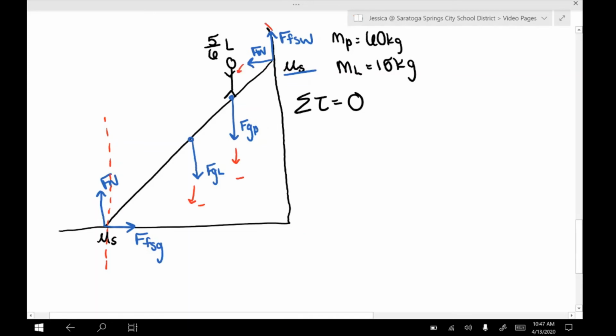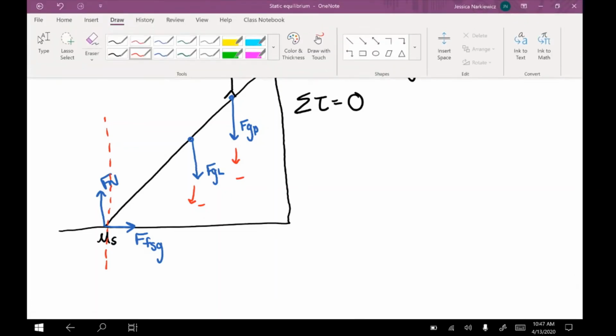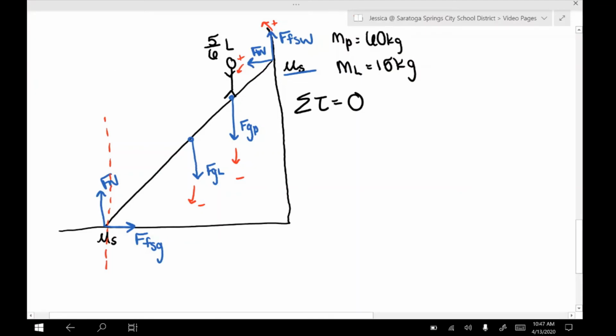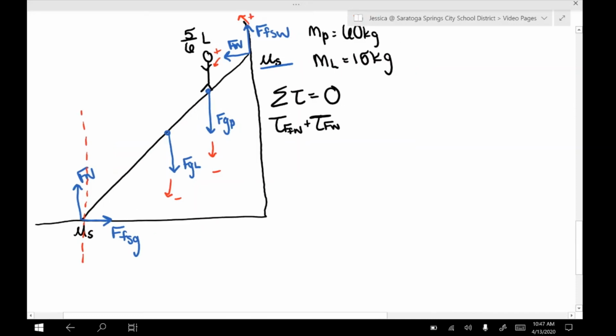Force from the wall and the force friction from the wall produce positive torques. Okay. So, we have the torque from the force of friction from the wall plus the torque from the force on the wall. Okay. Minus the torque from the force of gravity on the person minus the torque from the force of gravity on the ladder.